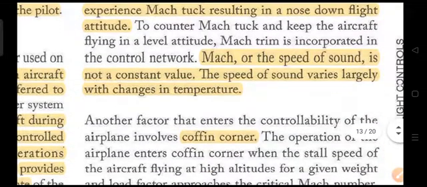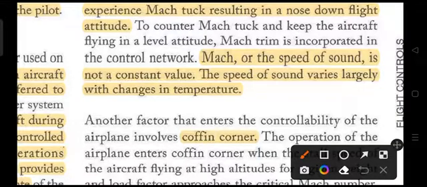So Mach, or the speed of sound, is not a constant value. Fine, it is not a constant value. The speed of sound varies largely with the changes in temperature, which means at ground level, as we know, international standard atmosphere is 15 degrees Celsius.